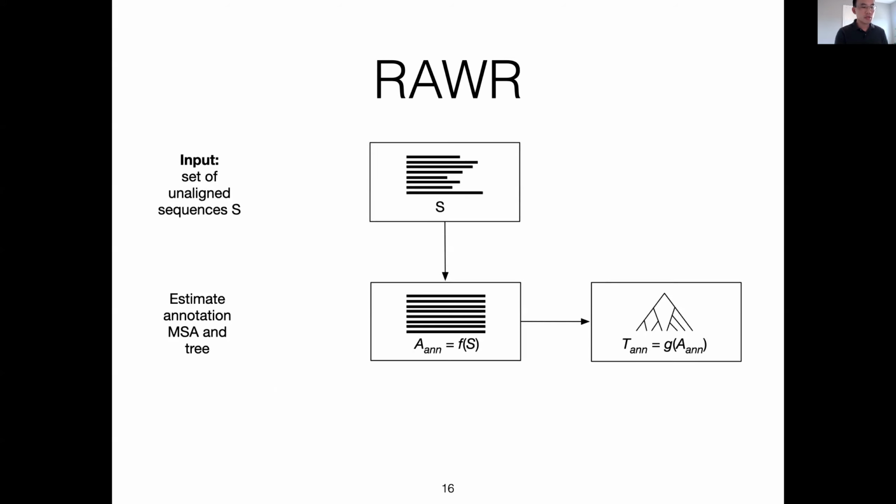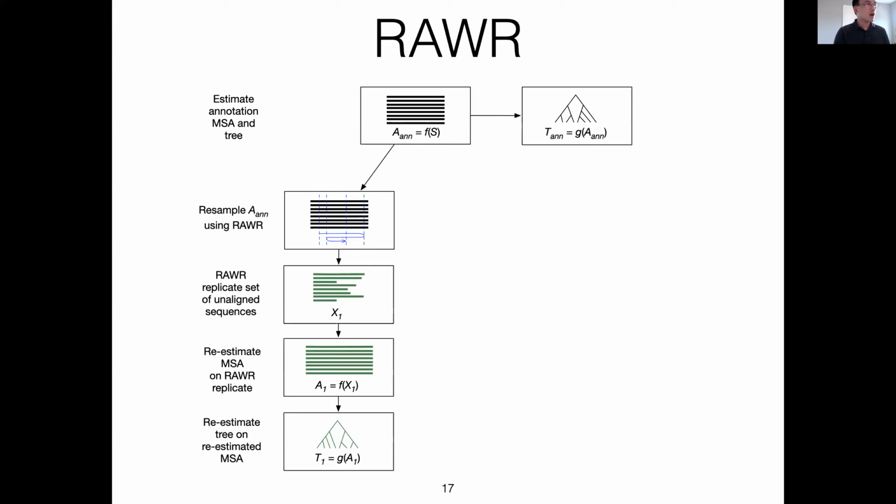And here's the pipeline when you use RAWR resampling in this way. To begin, you've got your set of unaligned sequences from which you compute your annotation MSA and tree using an MSA estimation method and a tree estimation method on that MSA. Then from the annotation MSA, you conduct this random walk procedure, just like how I discussed, to get your replicate set of unaligned sequences. On that, you re-estimate your MSA and tree as shown.